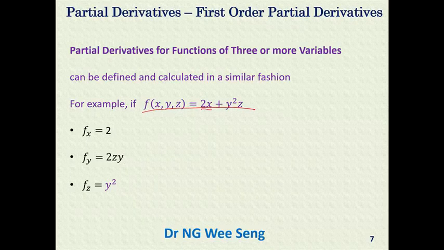With respect to y, 2x becomes a constant and y squared z will give us 2yz. And finally, with respect to z, again 2x will be a constant and differentiating y squared z with respect to z will give us y squared. So partial differentiation can be done for a function of any number of variables.